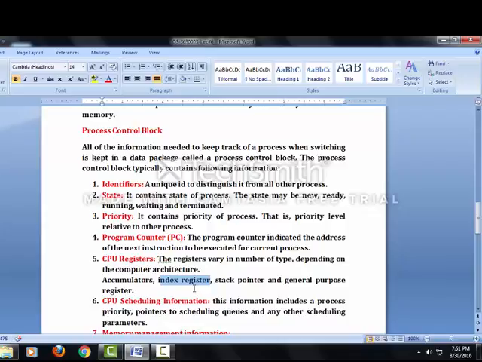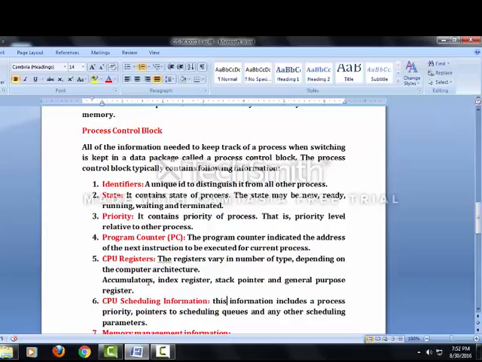Suppose we do a calculation on an array, it is based on an index, right? We want to access an element from a particular index of the array, so we need an index register in order to perform this task. Stack pointer means whenever we are pointing to a stack region in the primary memory, we need a stack pointer, and we can have many more general purpose registers.